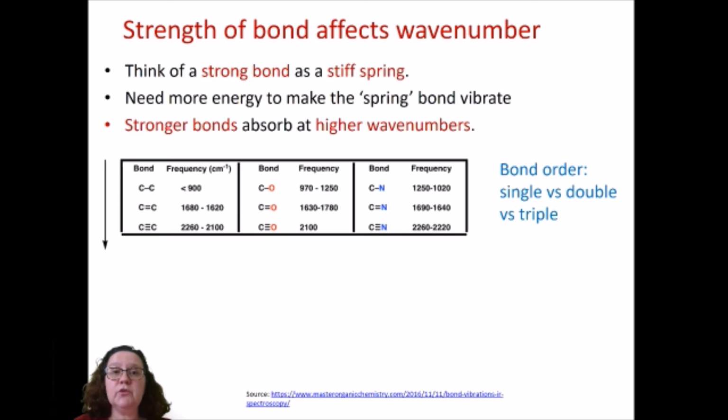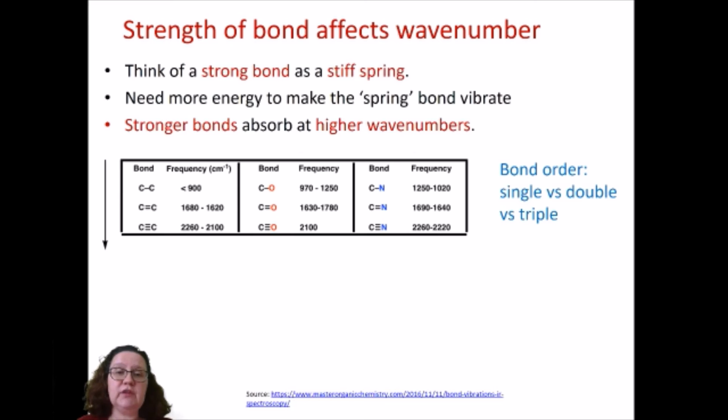The strength of the bond will affect the wave number, where in the infrared spectrum the bond is going to appear. If you think of a bond as a spring, and if you think of a strong bond as a stiff spring, difficult to stretch, then you're going to need more energy to make that spring vibrate. So that is why stronger bonds need more energy to vibrate. They will absorb at higher wave numbers.